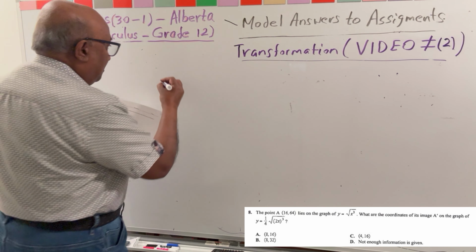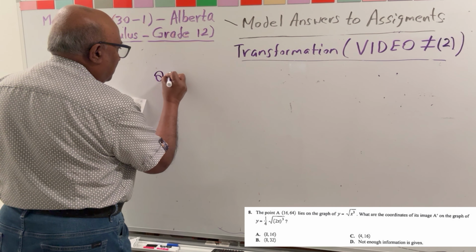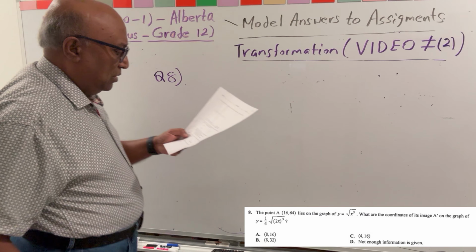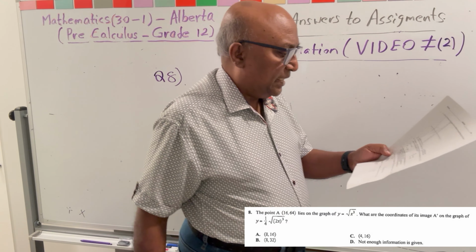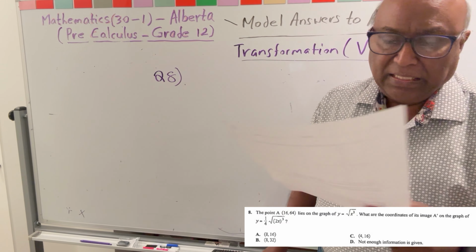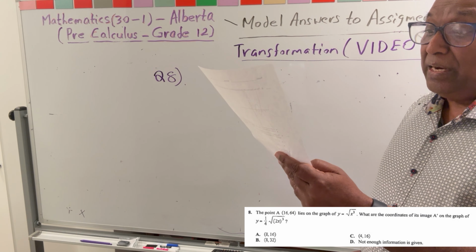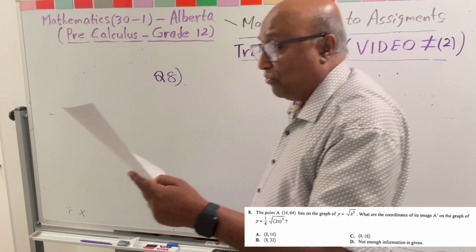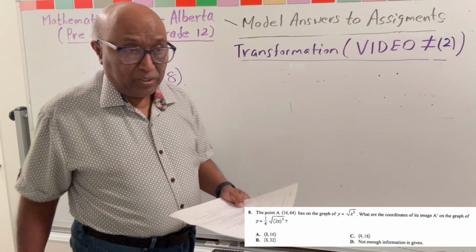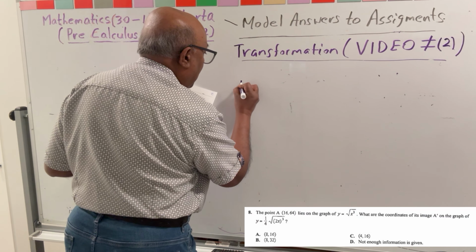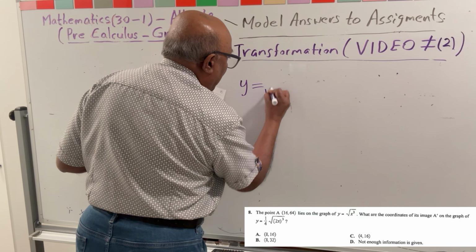Question number 8. What does question number 8 say? The point A(16, 64) lies on the graph of y equal to square root of x cubed.